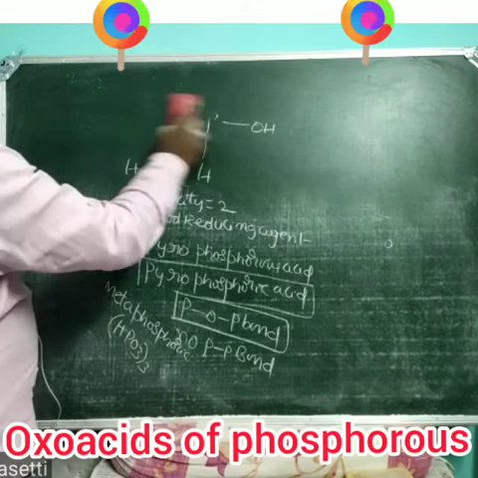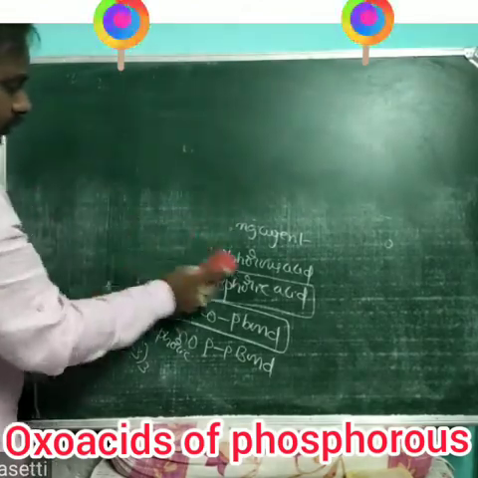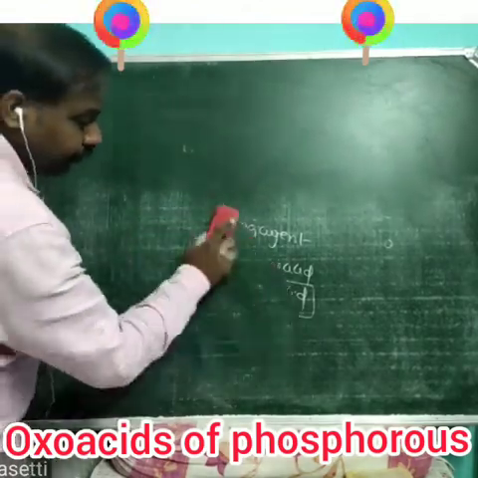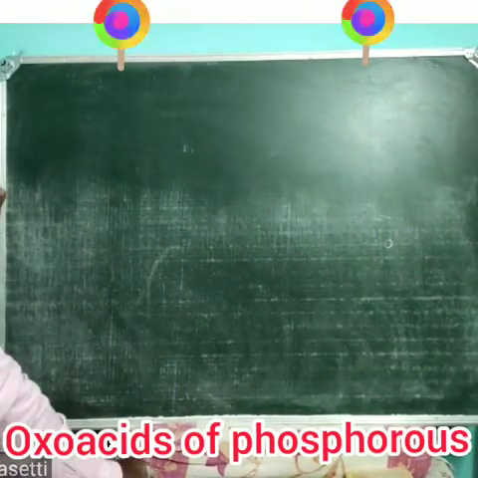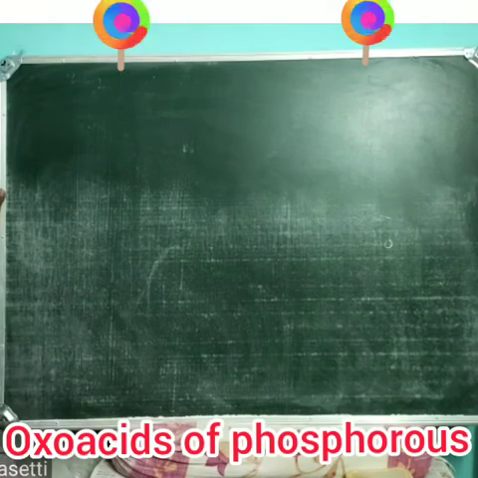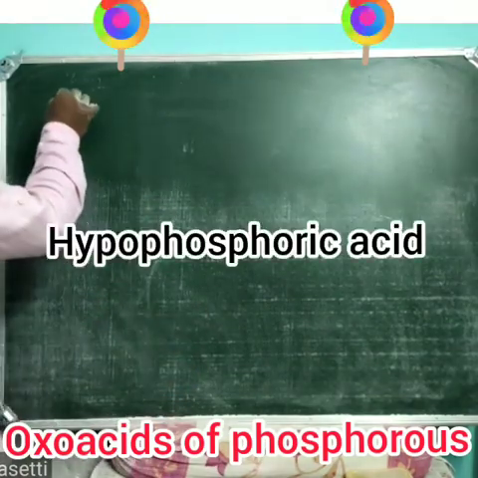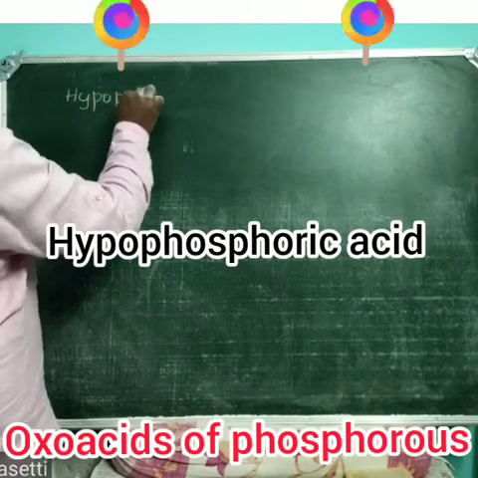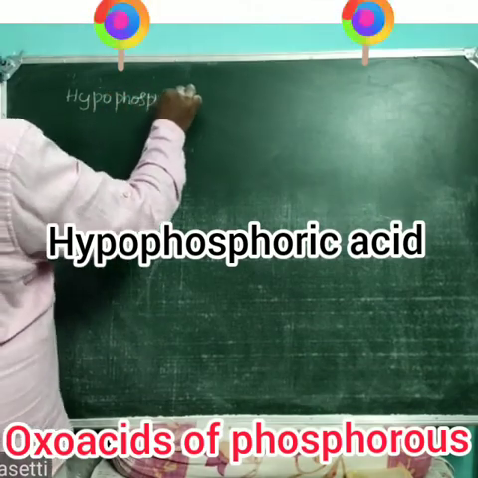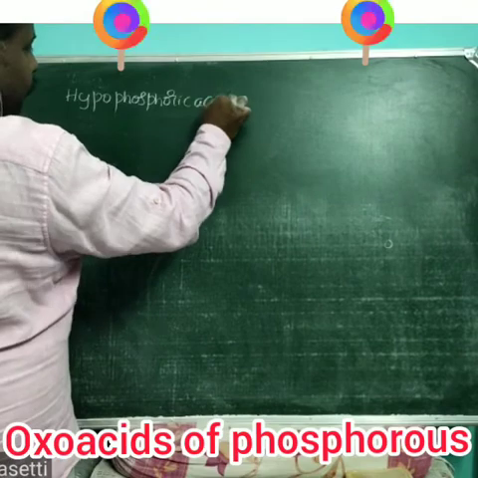Next, ic acid. So, how many ic acids are there? Ic acid, so we'll start with the hypophosphoric acid, or hypophosphoric acid.